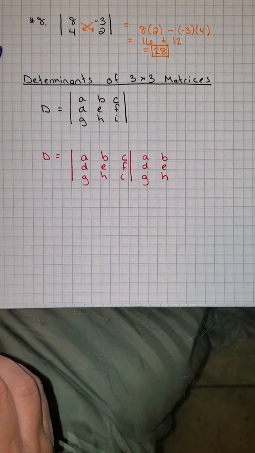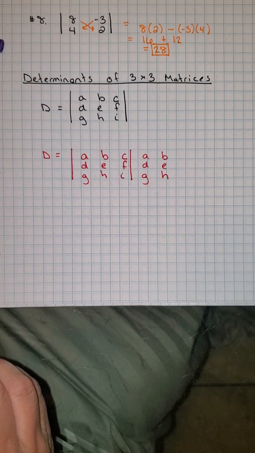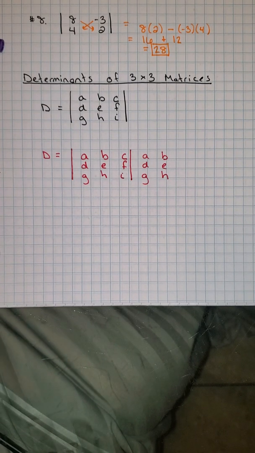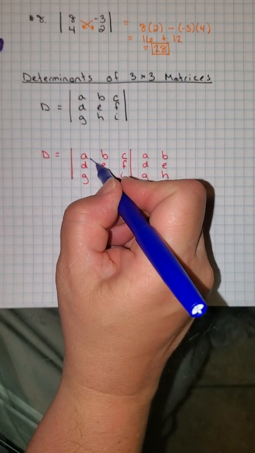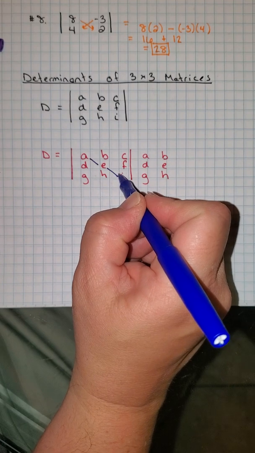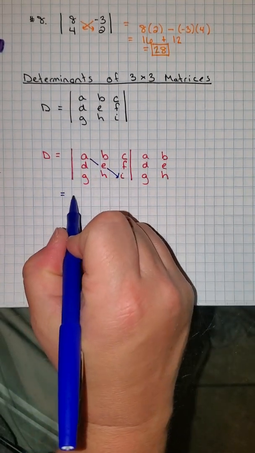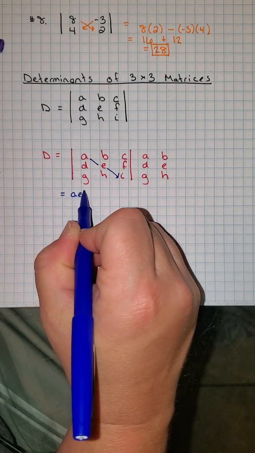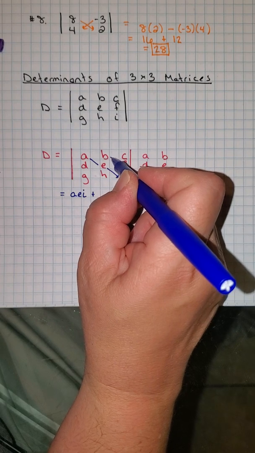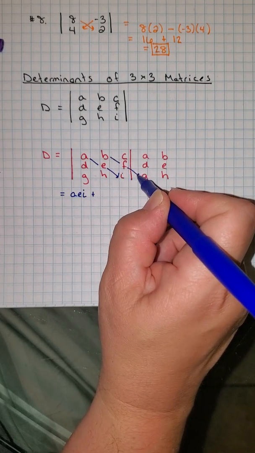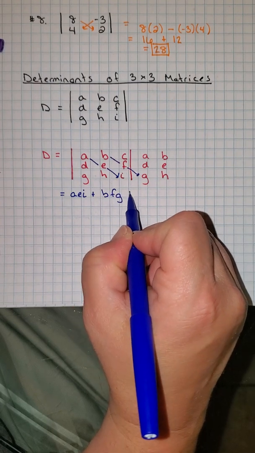So when you do the determinant of a 3 by 3 matrix, same concept, like I said. Start this way first. You're going to multiply A, E, and I. Plus, then do the next one, B, F, and G, being multiplied.